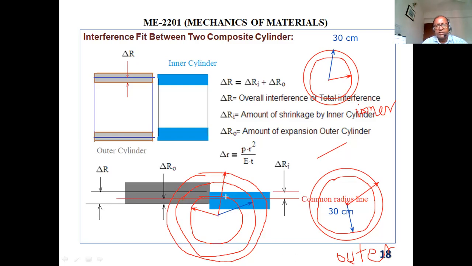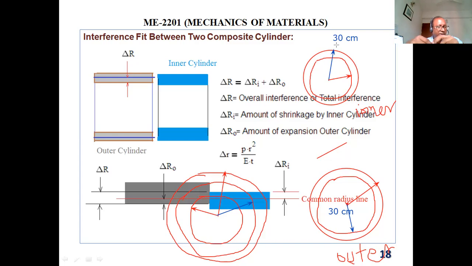Both are 30 centimeter. That means for the outer cylinder, Ri is 30 centimeter, and for the inner cylinder, the outer radius is equal to 30 centimeter. So you can easily put them together.